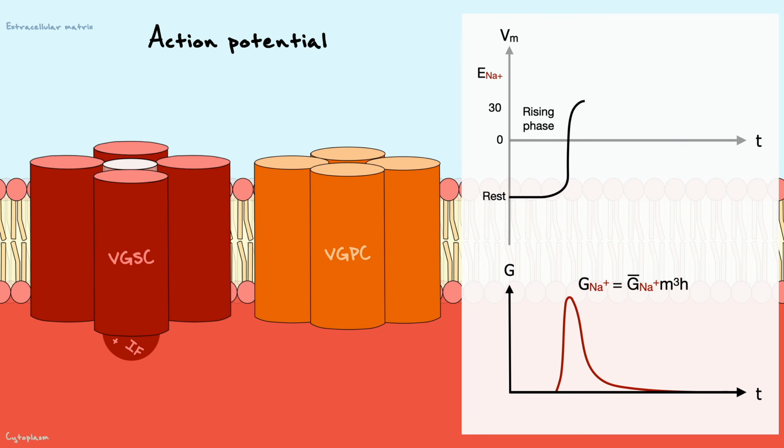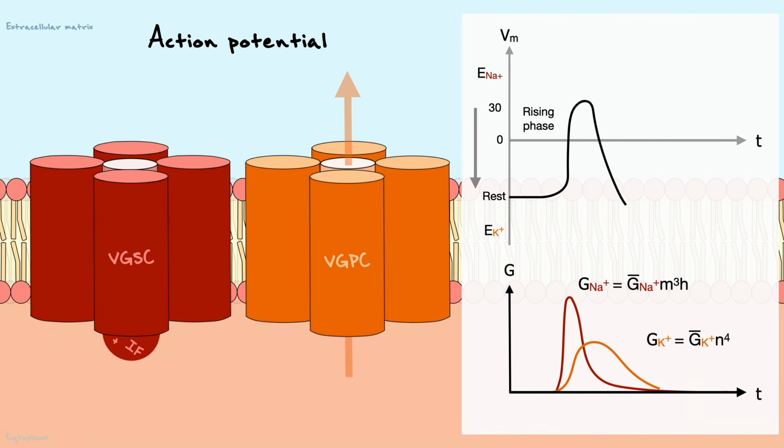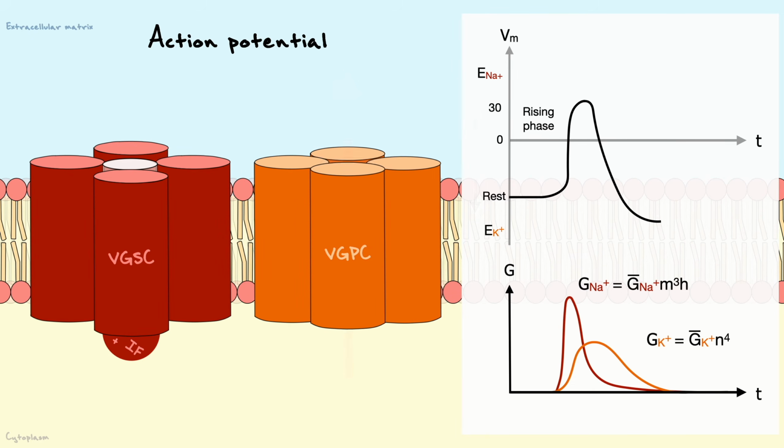Finally, the delayed voltage-gated potassium channels now open at maximal conductance and start repolarizing the cell towards the equilibrium potential of potassium. As the membrane potential goes back to the resting value, the potassium channel closes and its conductance decreases as well. Note that potassium channels do not open at the peak of the potential, they open earlier at around the negative 20 millivolts range.